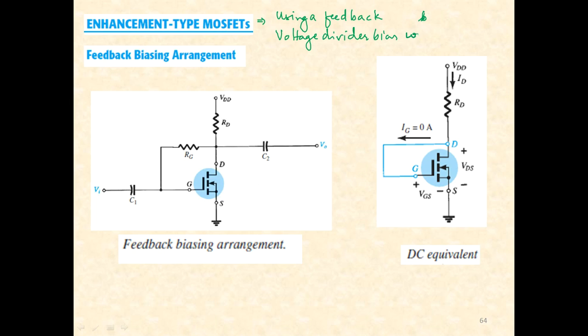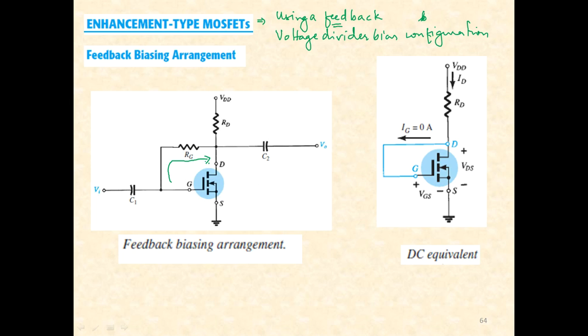Why have we selected the first one, wherein we have a feedback? Feedback in the sense that here you can clearly observe a gate resistor being given as feedback from the gate again to the drain. That's the feedback which is usually present.